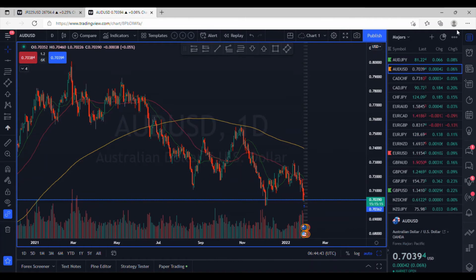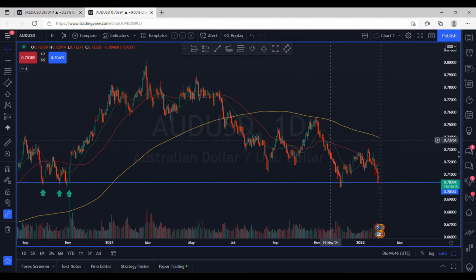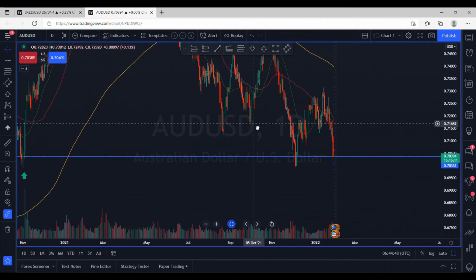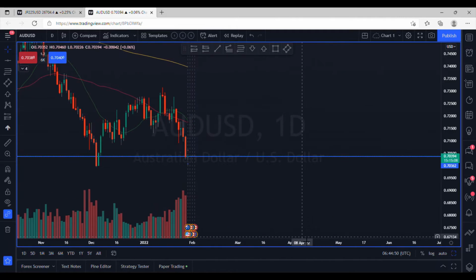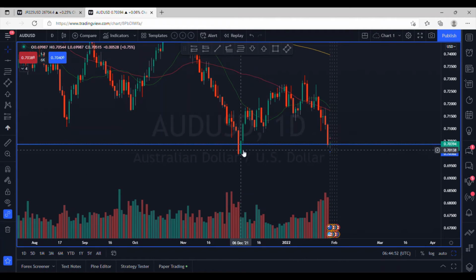Let's make the chart bigger so we can see. We've also had a breakdown through the support line.